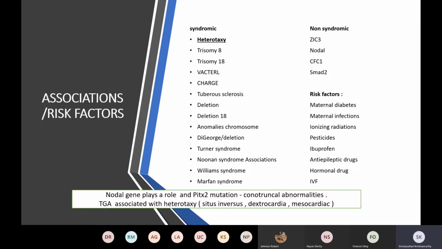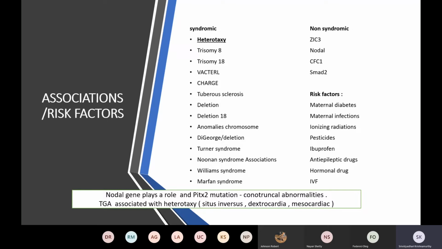One of the implicated factors in the development of TGA is the nodal gene, which plays a very important role in bringing about left to right asymmetry and rotation as well. Studies have shown that a PITX2 mutation also leads to conotruncal abnormalities.